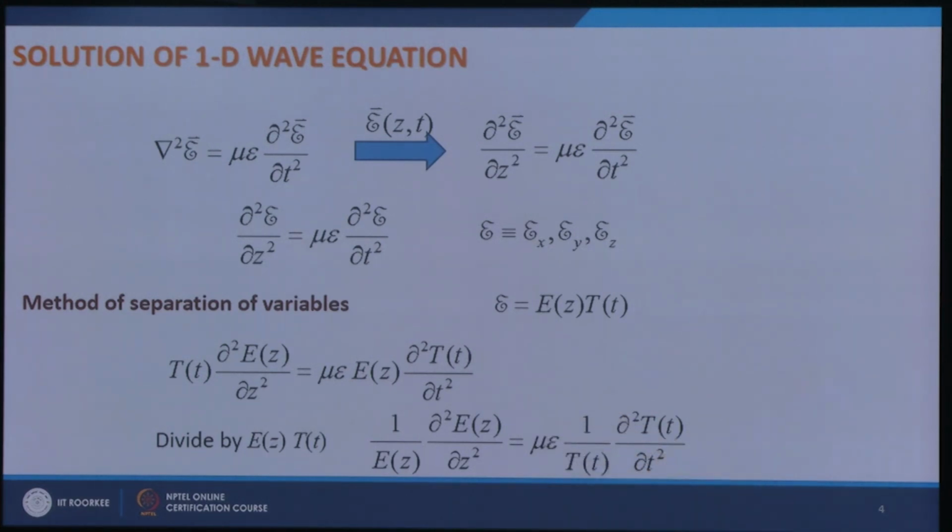What I have done essentially is separate out the variables. On the left hand side, I have terms which are functions of z only, and on the right hand side I have terms which are functions of t only.